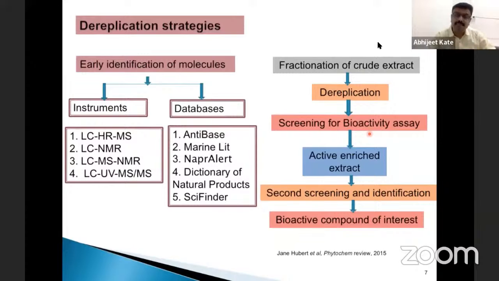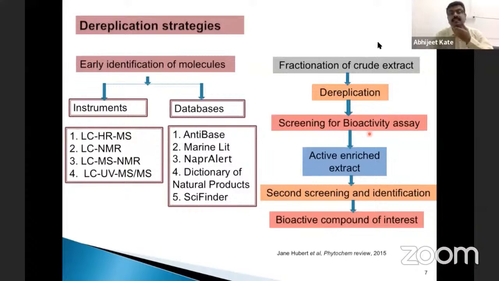I screen their secondary metabolites. First of all, I need to know if there is anti-cancer potential. So what I'll do, with the extracts, is check whether these molecules show anti-cancer potential or not. Then I will check what those compounds are. Are they known? And are they known for anti-cancer? If the answer is no to any one of these questions, go ahead and isolate those compounds.